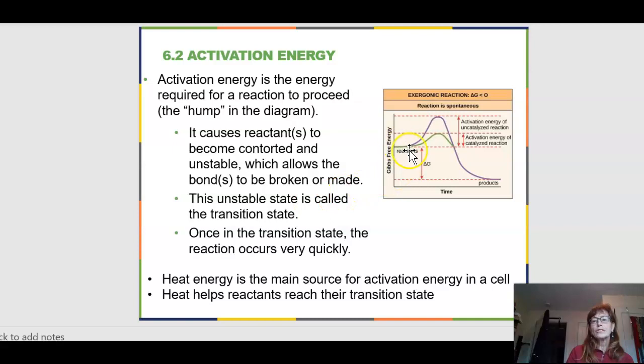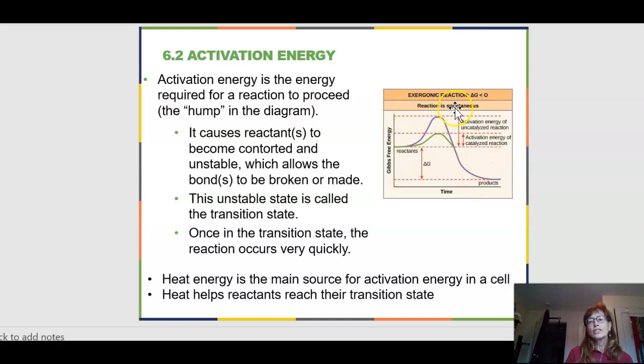And this hump that you see here in this diagram, this big hill that these reactants have to overcome, that's called the energy of activation, or activation energy. So this is the amount of energy that's required for this reaction to go forward at all.